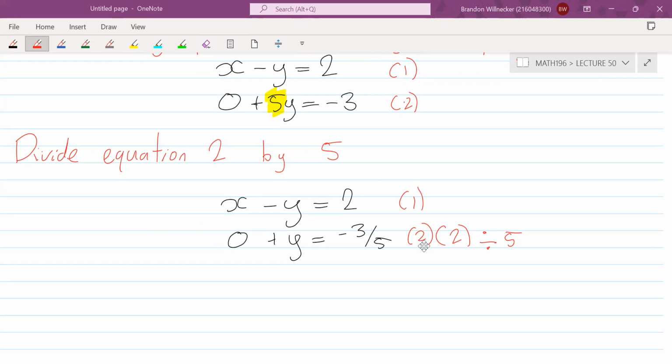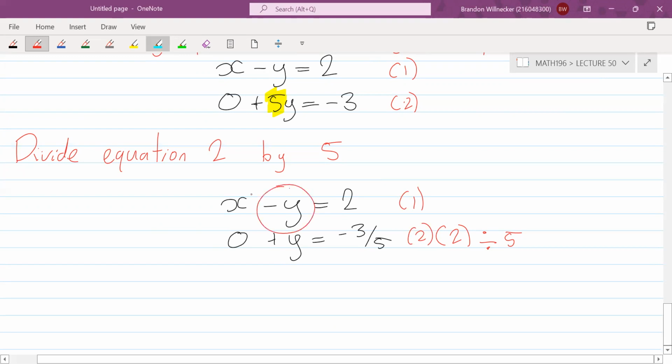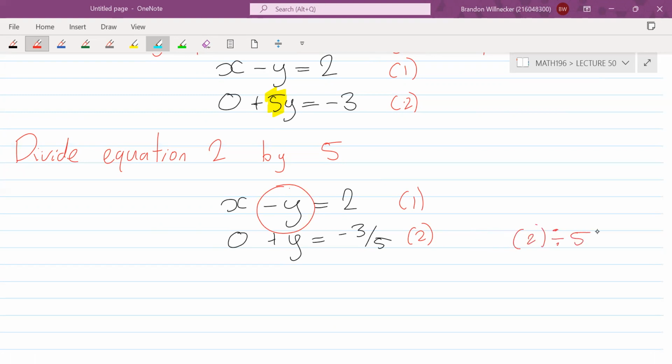We can add the two equations, we can subtract the two equations, and we can multiply and divide by constants. So what can we do with these two equations to get rid of that minus y in equation 1? Okay, any ideas?